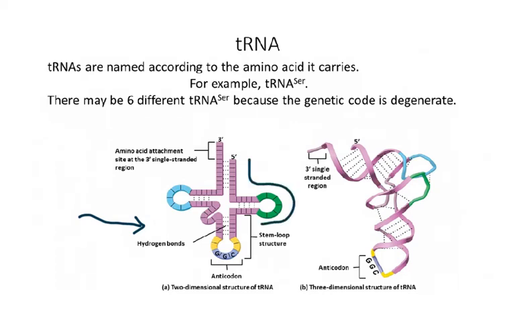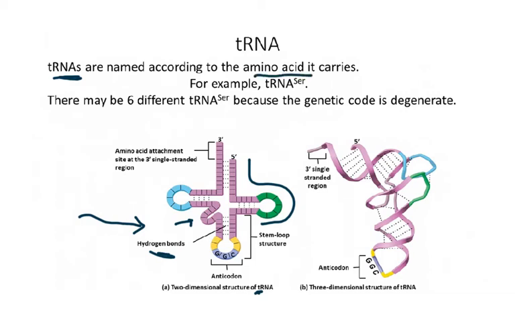This tRNA sequence then ends up folding because it's got various hydrogen bonds based on its sequence. It ends up folding into this shape, and I do think that this shape looks a little bit like the letter T. I often wonder if that's how it got its name, tRNA, but the T does stand for transfer or translation.